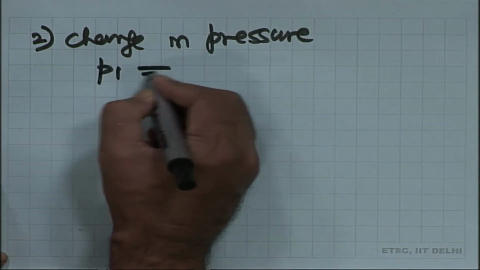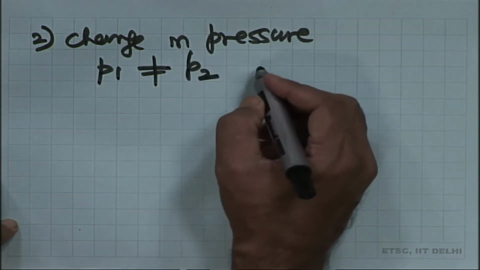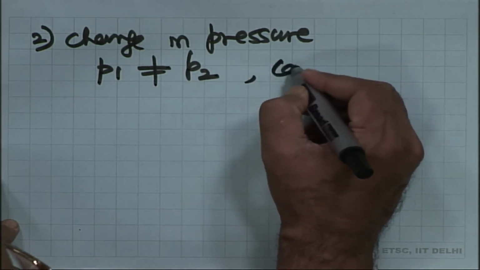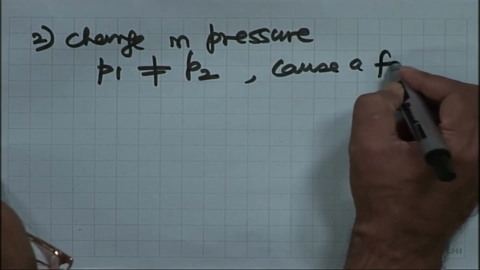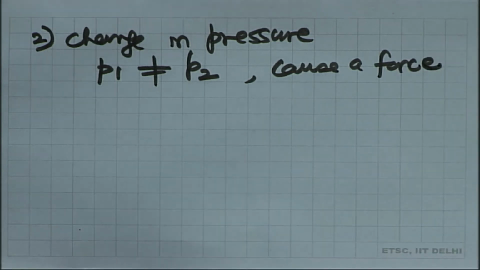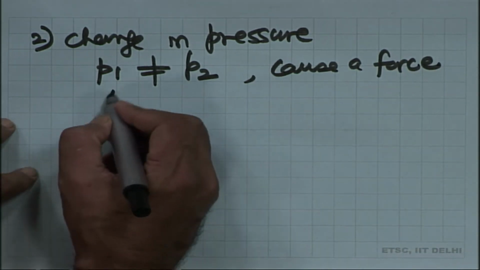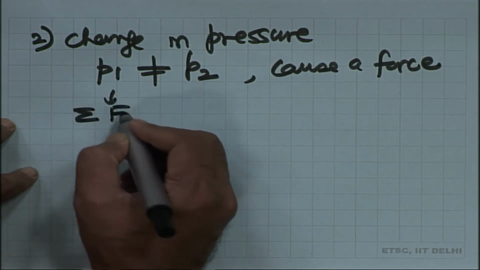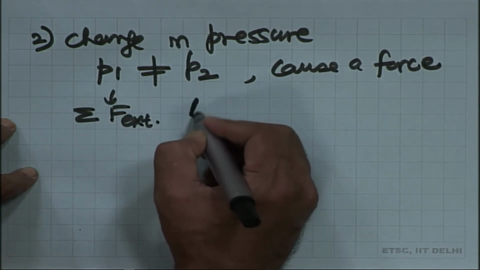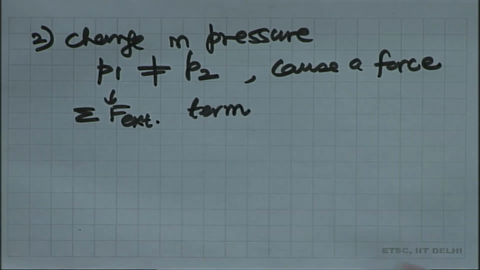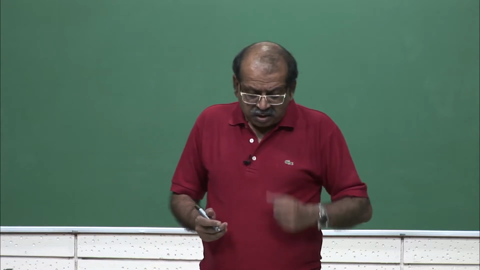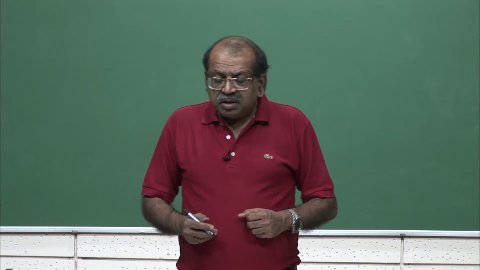Since P1 is not equal to P2, this will also cause a force, and this variation of pressure comes in the F external term. Together they will decide what is the net force on the nozzle.